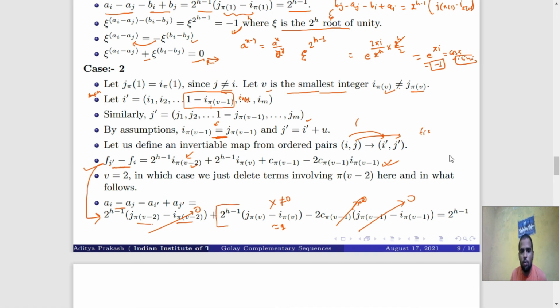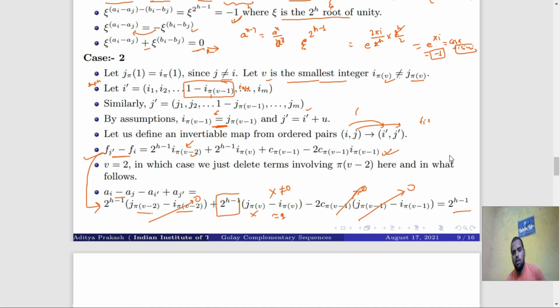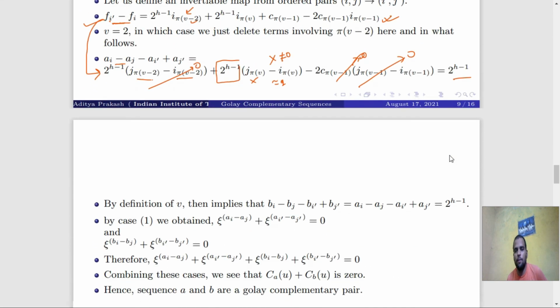So you only get 2 to the power h minus 1 into 1, that means 2 to the power h minus 1. That's what we needed to prove. By the definition of v, whatever we define, v is nothing but b_i minus b_j minus b_i dash plus b_j dash, which is equal to a_i minus a_j minus a_i dash plus a_j dash, which is nothing but 2 to the power h minus 1, because it does not depend upon a_i dash or i_j.